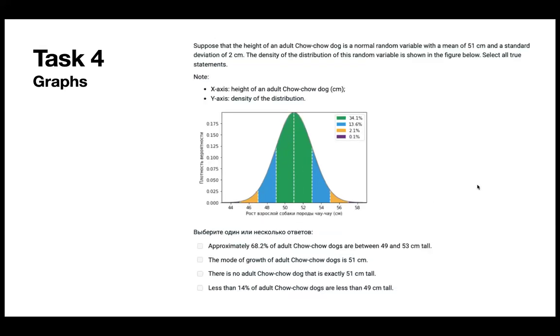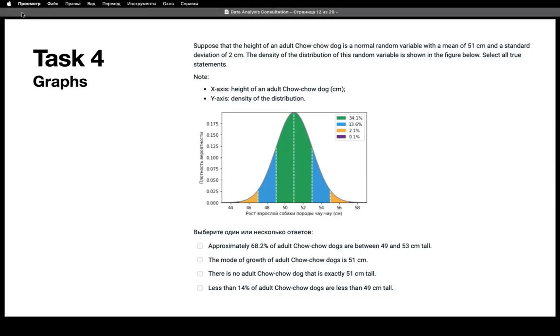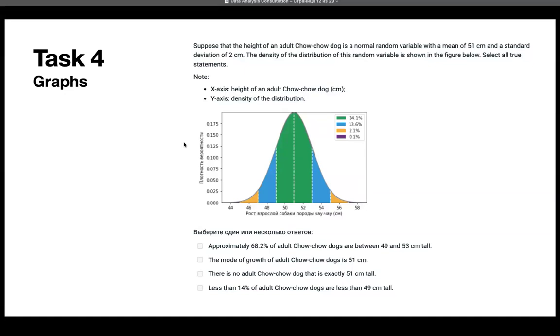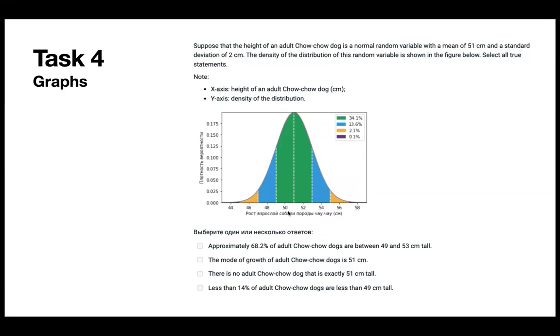And here we have basically the same task where you should select all true statements. Approximately 68.2% of adult Chow Chow dogs are between 49 and 53 centimeters tall. Let's take a look: here is 49 and here is 53.